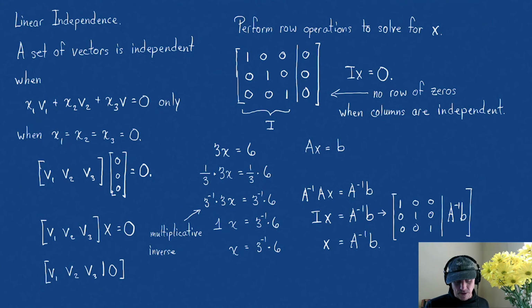But what's the point of this? The point of this is very simple. The point of this is that A inverse only exists when you can get an I out of your augmented matrix. The only time you can get an I out of your augmented matrix is when there's no row of zeros.